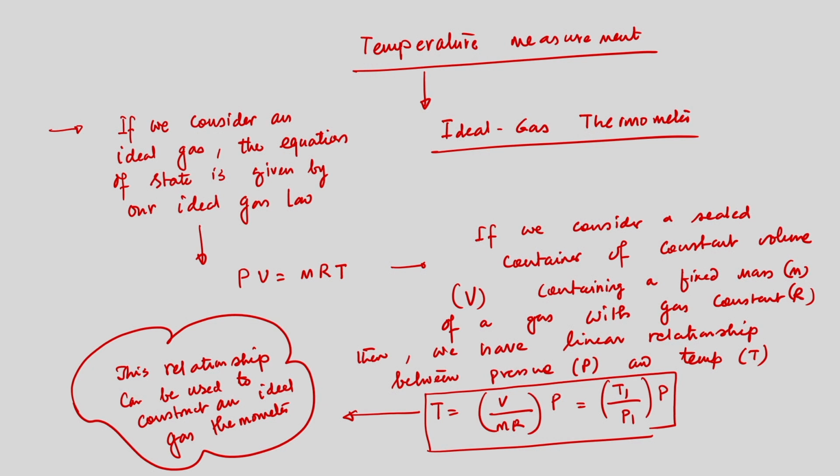That means this relationship is used to construct an ideal gas thermometer, and this thermometer can be calibrated by examining at least one point where temperature is T1 and pressure is P1. That means if we know the temperature and pressure T1 and P1, we can calibrate, which is very convenient. So, now I can write on the next page.